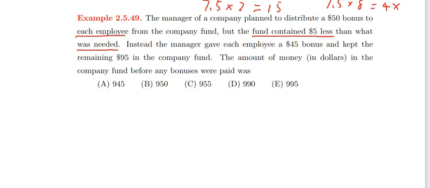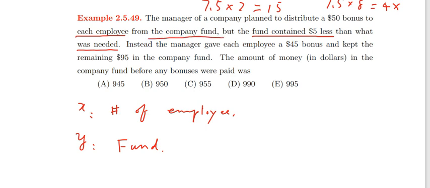So here we don't know the number of employees, how many people. And we also don't know how much money the fund has, how much money he has. So for this first sentence, we can convert it into an equation.